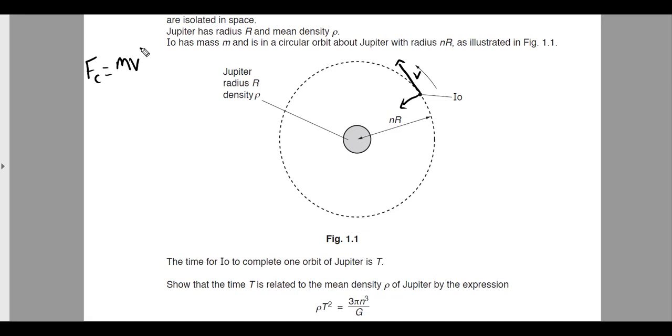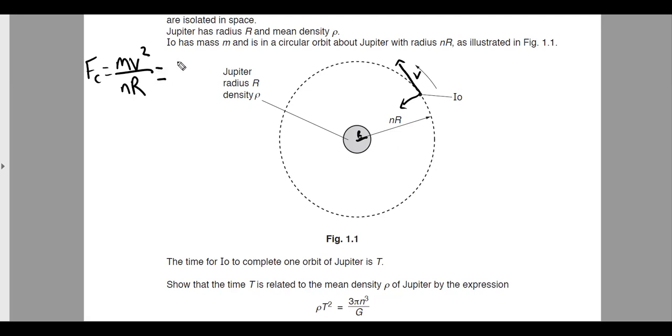So centripetal force is mv squared over r, but the r in this problem is expressed in terms of Jupiter radii, so it's nR. So that's centripetal force, mv squared over r. R for this problem is n times capital R, where R is this distance here. Centripetal force just tells us the direction of that force, right? It says it's center seeking, so it always points towards the center of the circle.